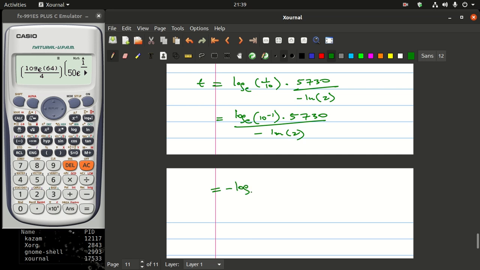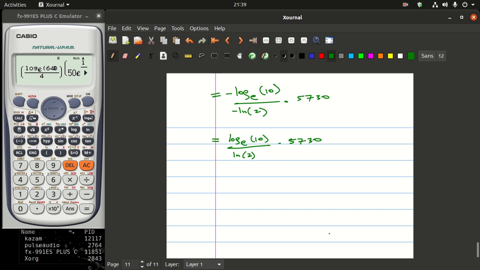I will have a log e, and then here I will have a 10, and then divide by minus ln of 2, and then times 5730. And if you look into this, minus and minus will vanish, and now I will have log e, and here I have 10 in the numerator, and in the denominator I have ln of 2 times 5730.